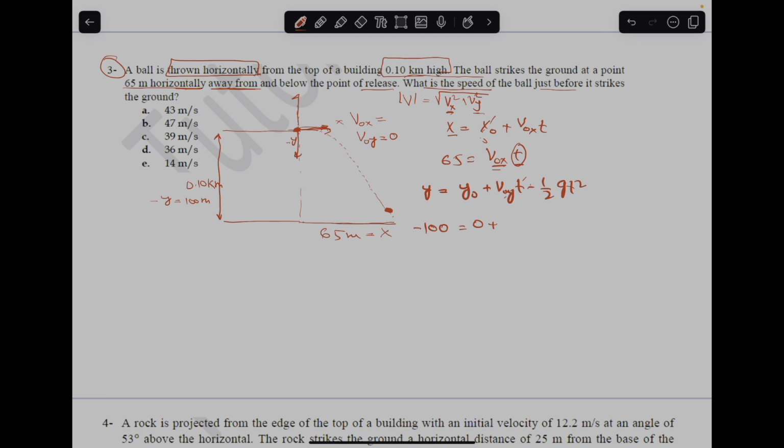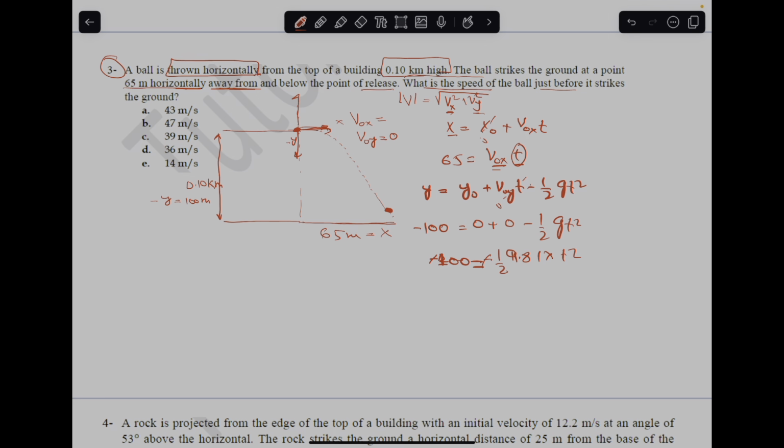Our v naught of y is 0 as well. So we get minus 100 equals minus 1/2 times 9.81 t squared.